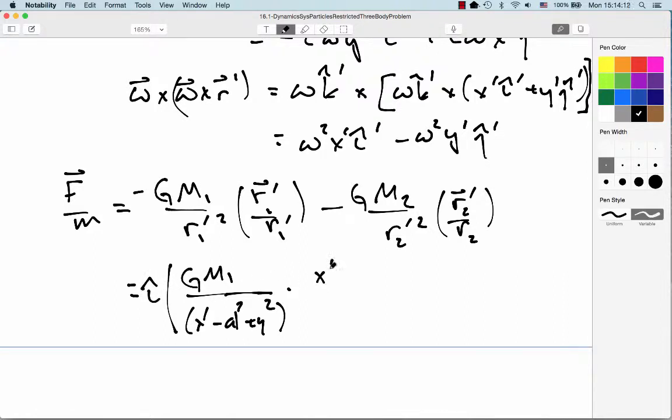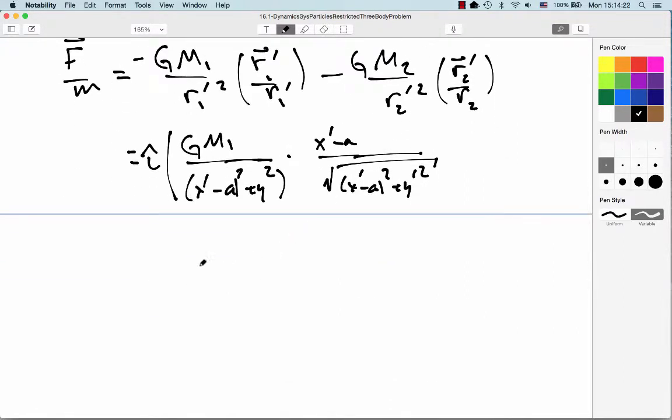So that will give me x prime minus a over the hypotenuse, square root of x prime minus a squared plus y prime squared, minus G M2 over x prime plus b squared plus y squared.